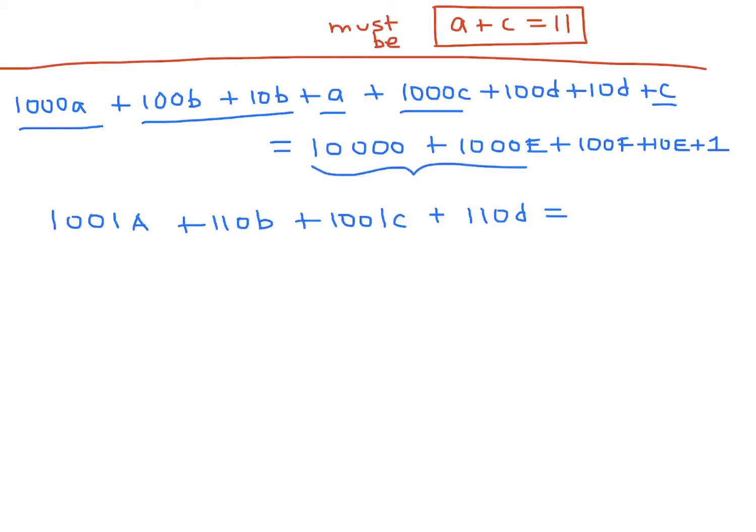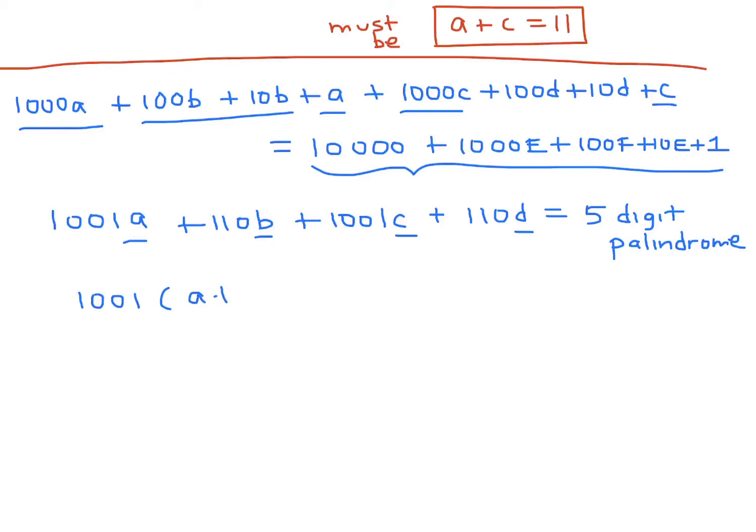And this whole thing is our 5-digit palindrome. We are concerned really with trying to figure out A, B, C, D, and E. So on the left side, the 1001 we can probably factor A plus C, and the 110 we can factor B plus D. And the right side is our 5-digit palindrome.